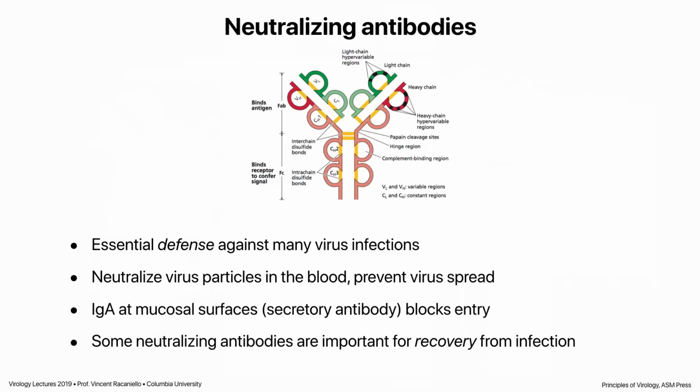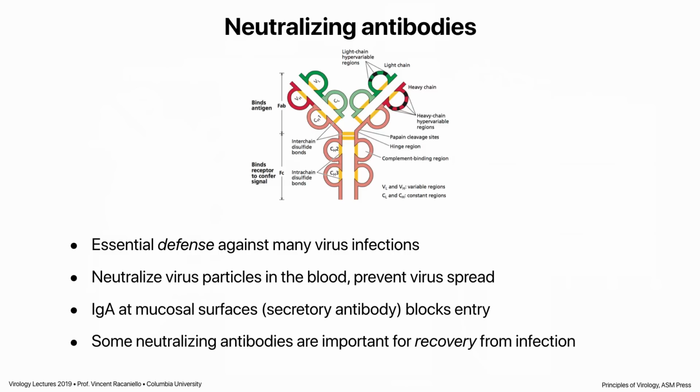Now, an important concept here I want you to understand is what is a neutralizing antibody. When a virus infects a cell, and dendritic cells take pieces of it and present it to B cells or T cells, in this case B cells, you can have lots of different antibodies made, but only a subset of them will be neutralizing.